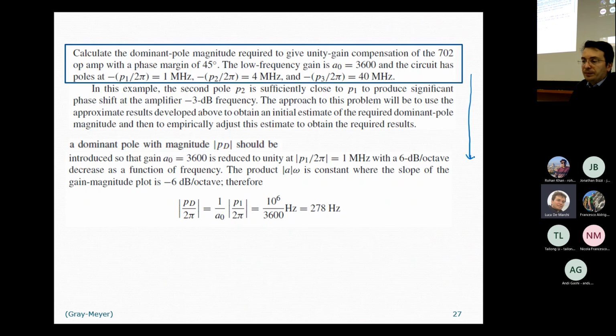So once again, PD must be equal to P1 divided by A null. Then this is transformed into a frequency value rather than an angular frequency, and therefore it is divided by 2 pi.